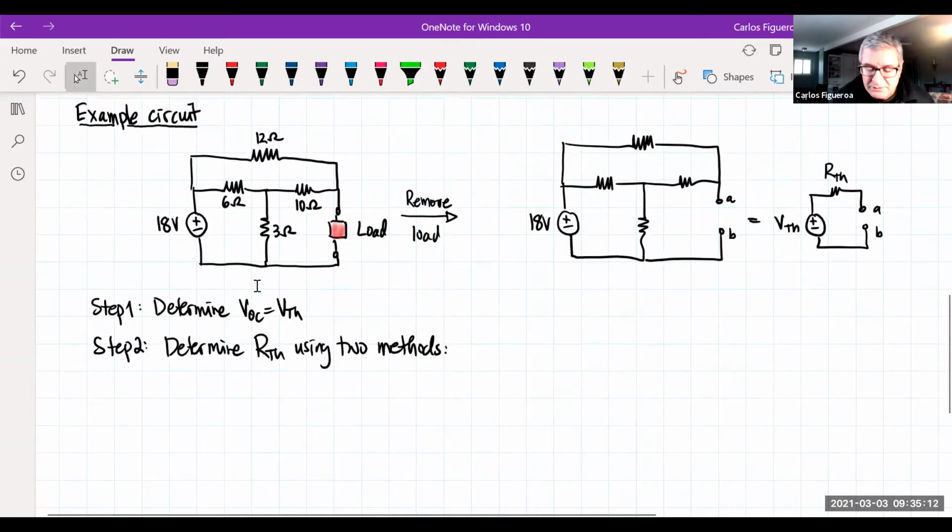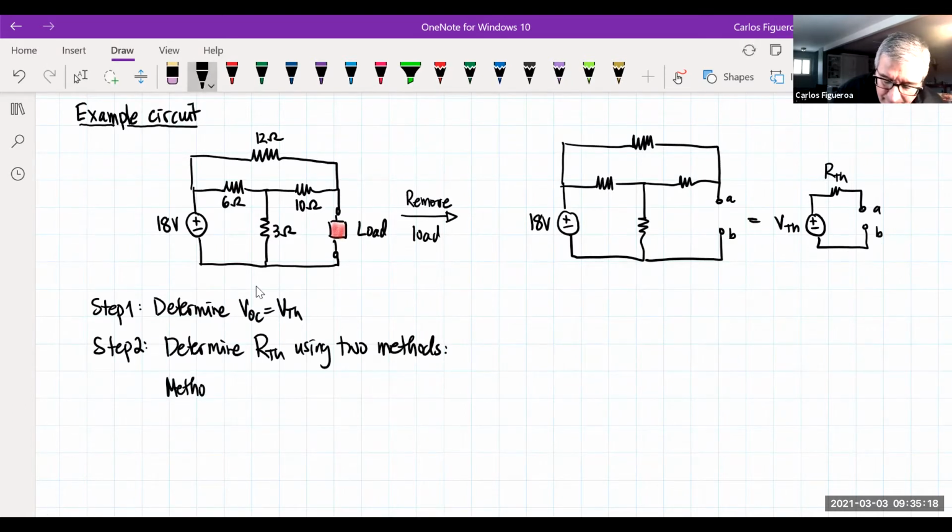So what are the two methods here? Well, method one essentially says deactivate. You can only do this. Method one is only with independent sources.